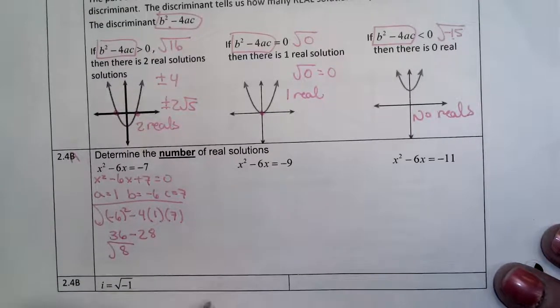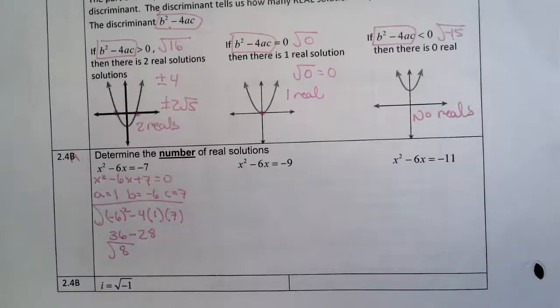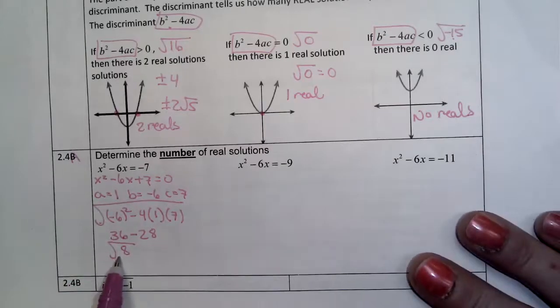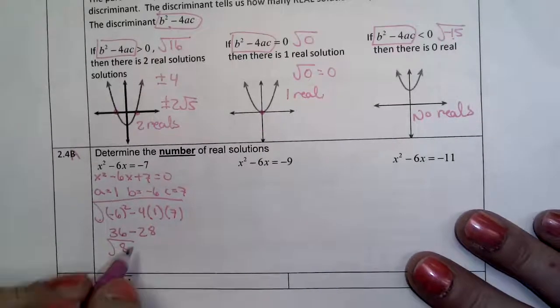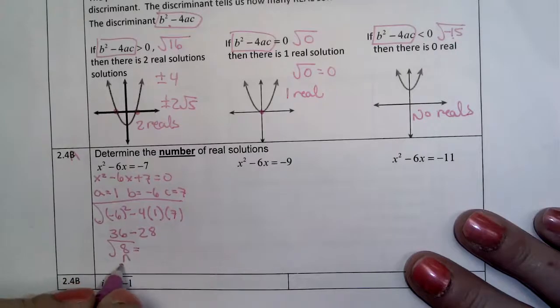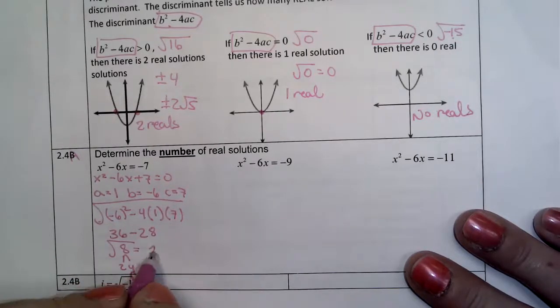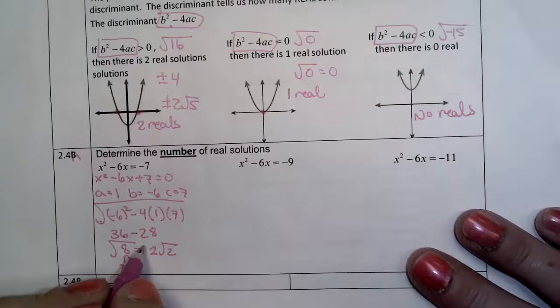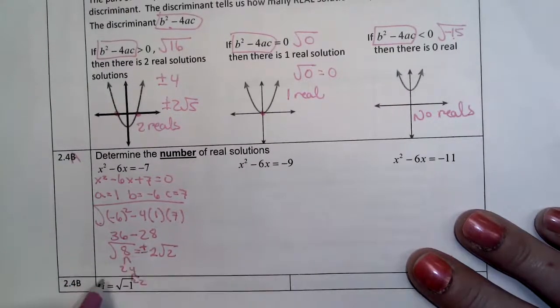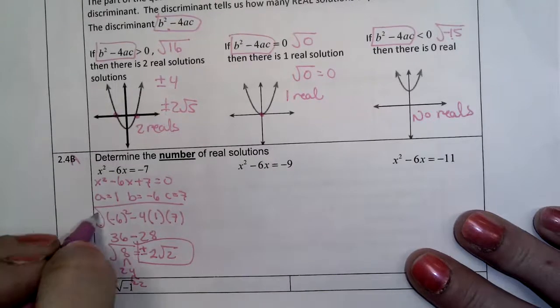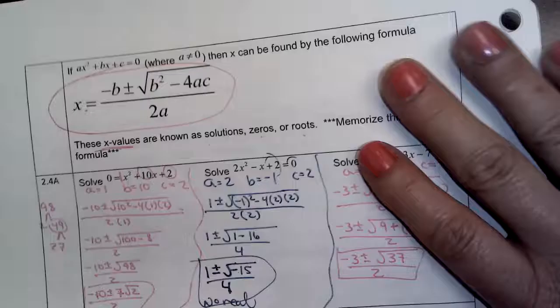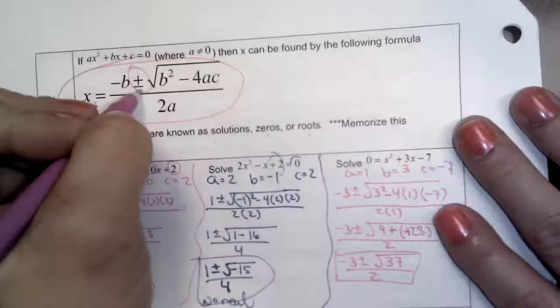So the square root of 8. I don't have to break that down any further unless I tell you to actually tell me the discriminant. So in that case, that 8 would break down to 2 times 4, which would be 2 times 2. So that would be 2 square roots of 2. And it would be plus or minus. So remember, when you're looking at this formula here, that's why there's a plus or minus.